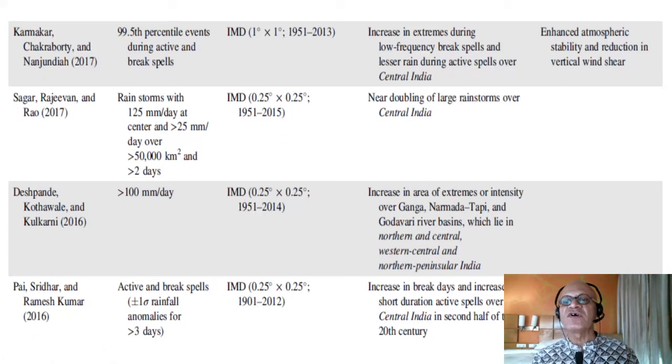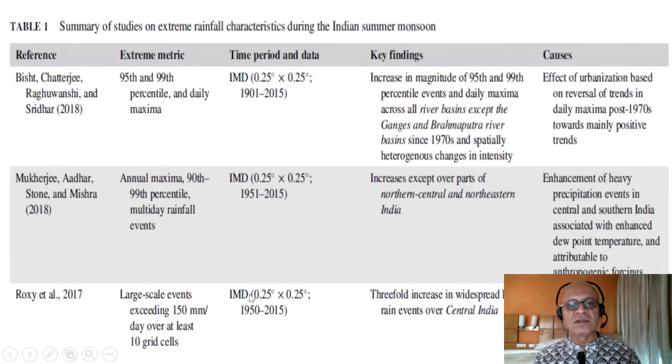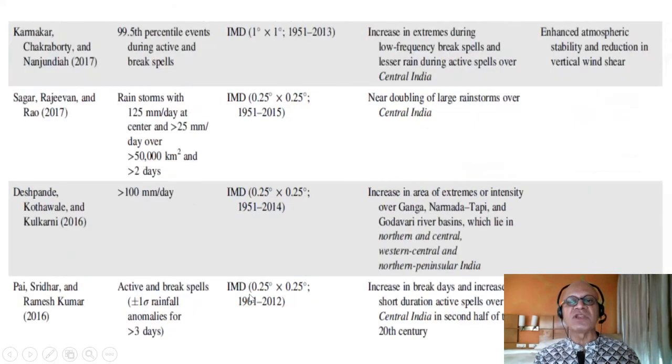Near doubling of large rainstorms over central India, which is similar to the Roxy et al. study, but here the scale is greater than 50,000 square kilometers and the rainfall lasting for greater than 2 days. So these are even more widespread than the one here, and the duration is even longer.